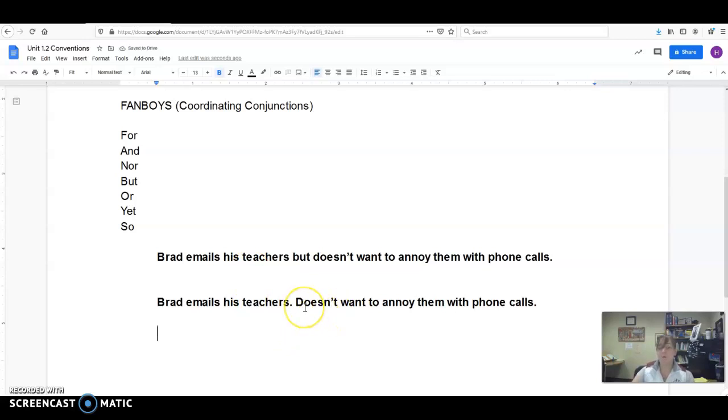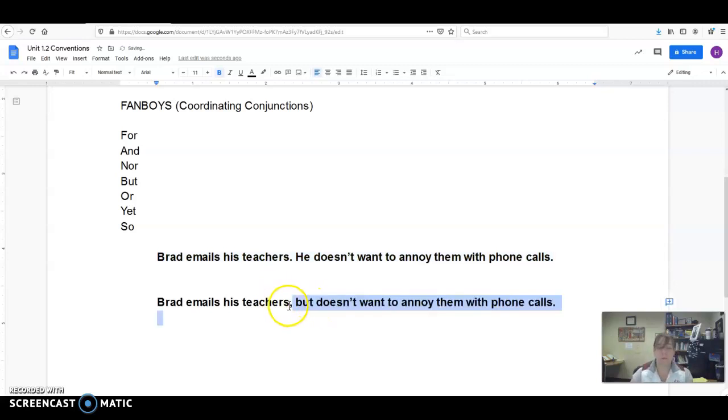Okay? Remember, a clause has to contain a subject and a verb. It has to have a subject acting on a verb. We just lost our subject. The way we've constructed this, we don't have one. Okay? So, instead of inserting a comma with that conjunction, we're going to leave it alone.